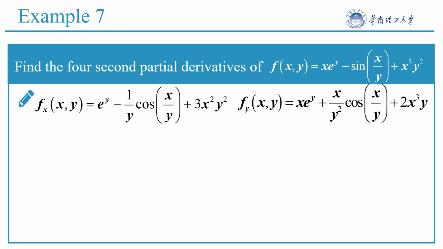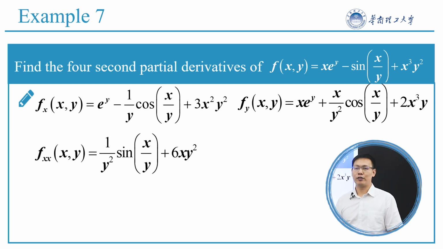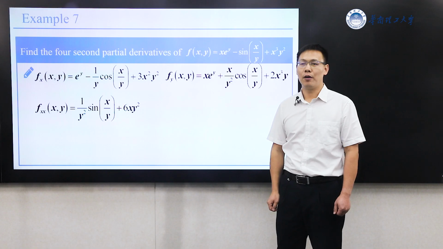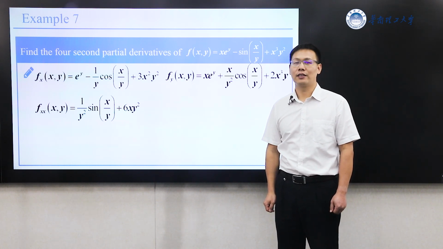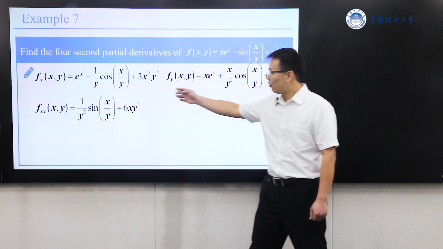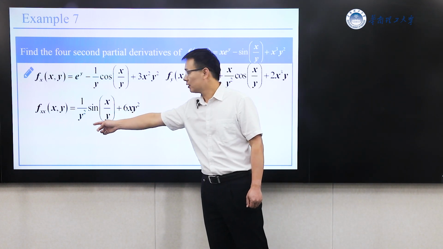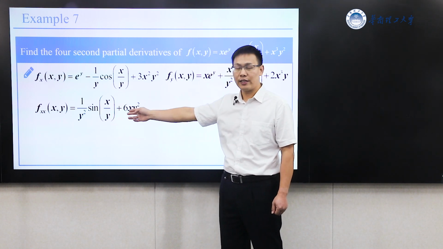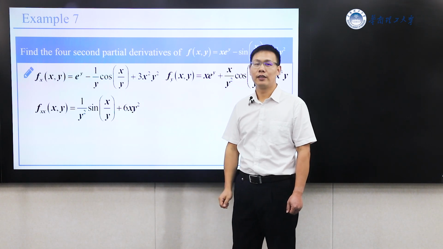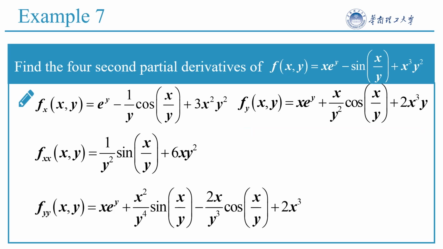And then differentiate fx with respect to x again, we obtain the second order partial derivative fxx equals 1 over y squared times sine x over y plus 6xy squared. Similarly, differentiate fy with respect to y again, we obtain the second-order partial derivative fyy as follows.